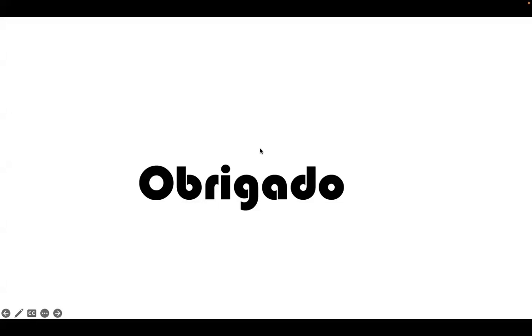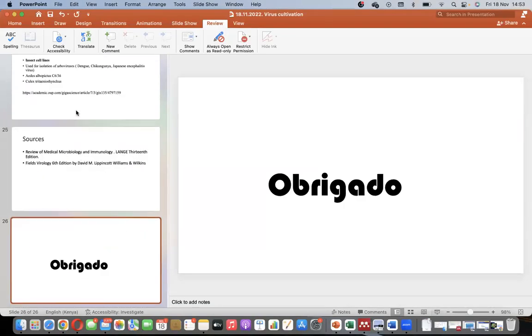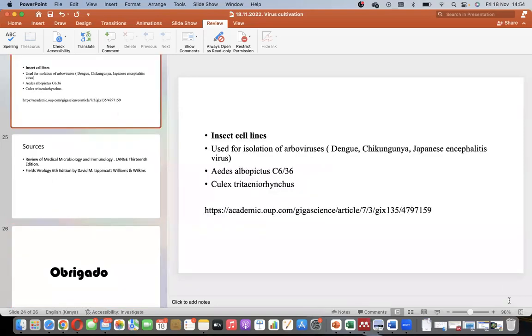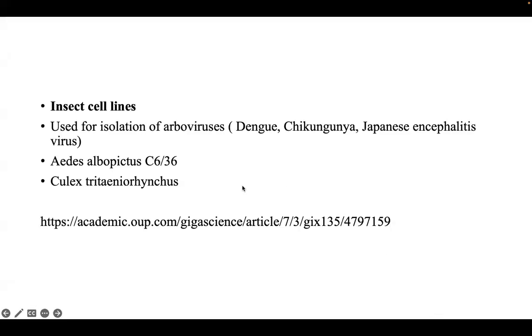All right, so someone asked about insect cell lines. So I'll put up the slide and then we'll go through it again. As I said before, this is one of the new cell culturing formats, and it is mainly used to isolate arboviruses like dengue, chikungunya, and Japanese encephalitis. I gave two examples here of the insect cell lines.